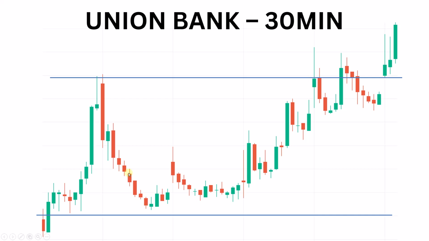Basically, price will be coming down, and then there will be an indecision, meaning buyers and sellers are in confusion whether to take the price down or up. They are waiting for some motive to take the price in either direction. Then the next day, or the next 30 minutes in this case, the buyers come with full strength, take the price up and close it way beyond the midpoint of the red candle.